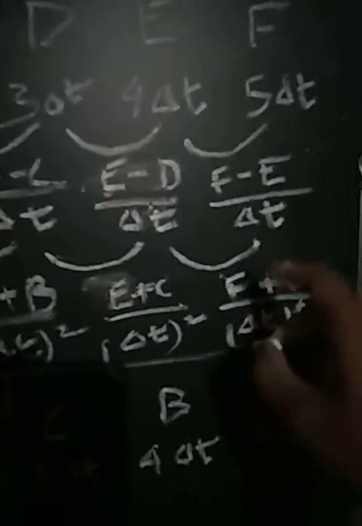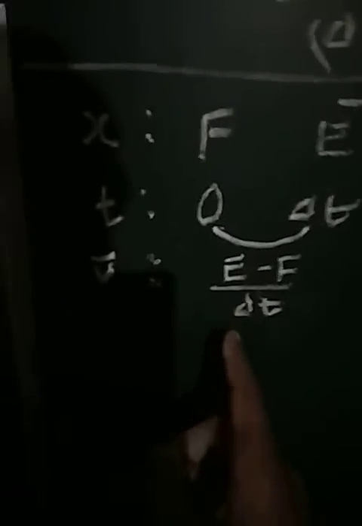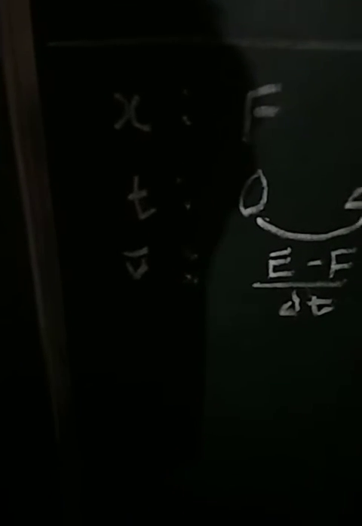From 0 to del t, it will be E minus F by del t. See here, it was F minus E by del t. Now it is just the opposite. The velocity reverses its sign, E minus F by del t. And here it will be D minus E by del t.